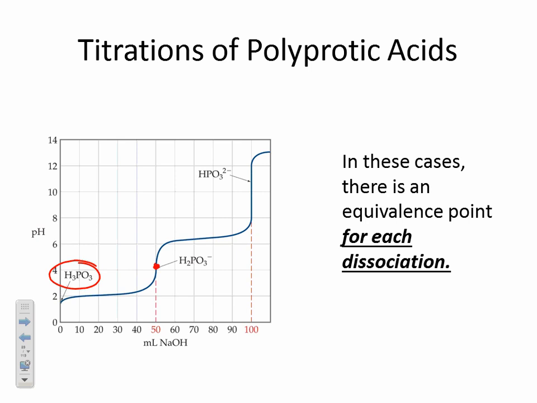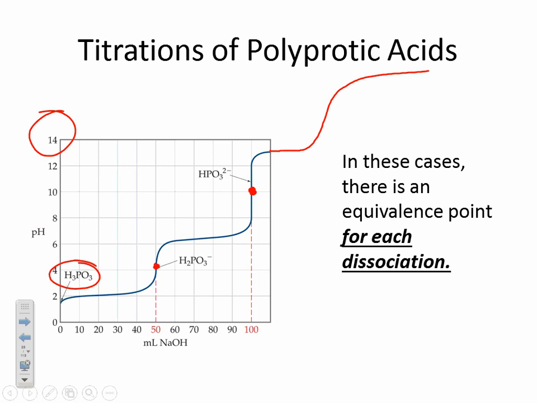And then we have the H2PO3 minus losing its second proton, and then we have the second equivalence point right there. So we see basically this titration curve that keeps on going. And yes, I know there's a third proton to lose, so technically speaking, this could keep on going up here, but then notice the pHs that we're at. We would need a very, very, very strong base to remove that final proton from that system, which, you know, you can do.